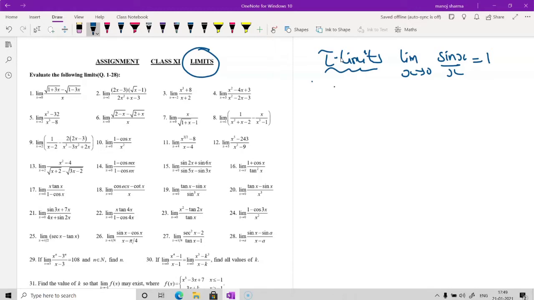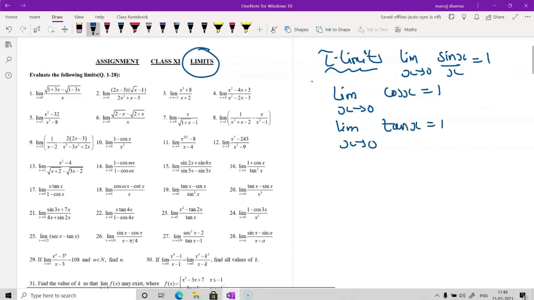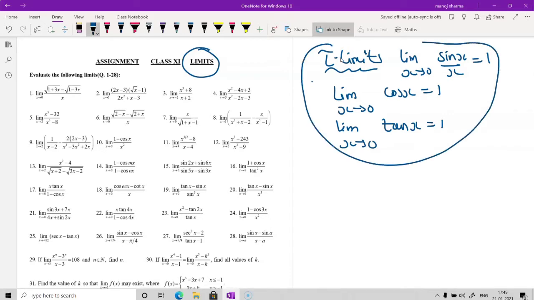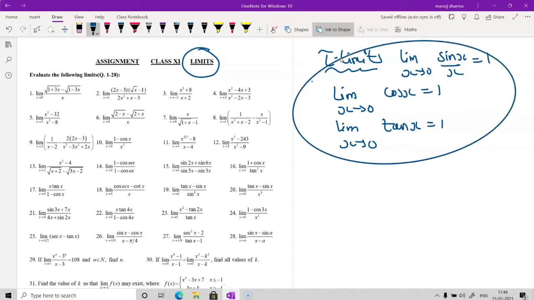Second formula is limit x tends to 0 cos x, that is going to be 1. Now limit x tends to 0 tan x equals to 1. Now I have to keep in mind these three formulas, and I'll be moving further with these kind of things.